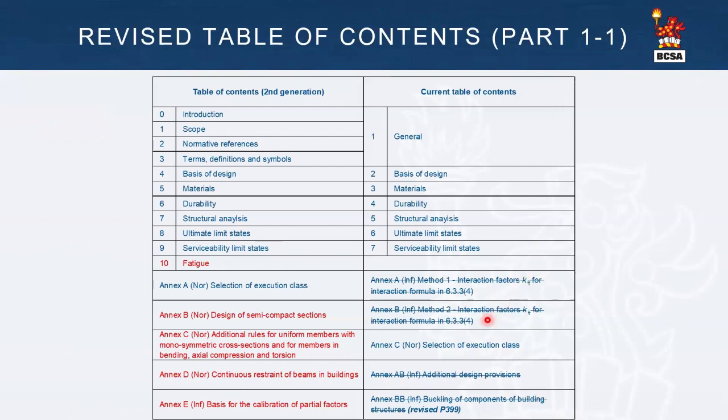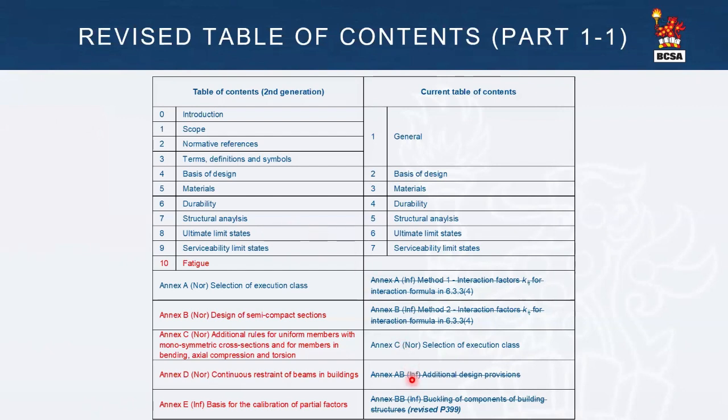Annex B, which was for an alternative method, also gives these coefficients for the same interaction formulae, but it's much simpler than Annex A. And this simpler approach has now been moved into the main text. You can find them in the new section 8.